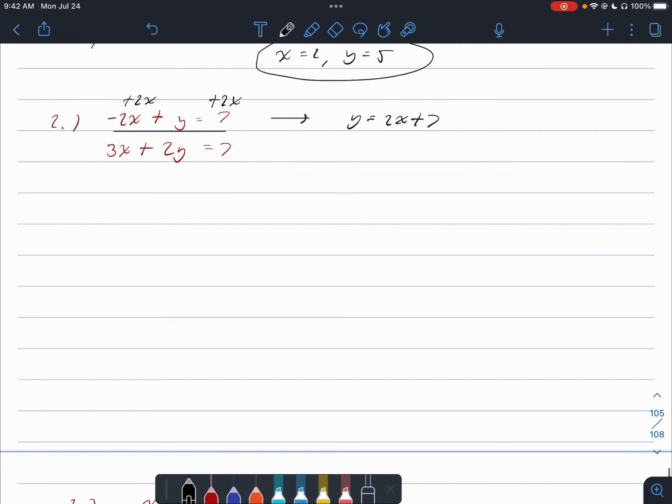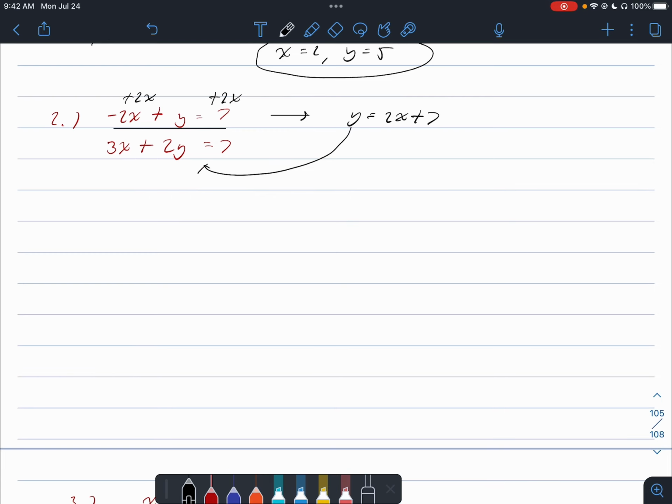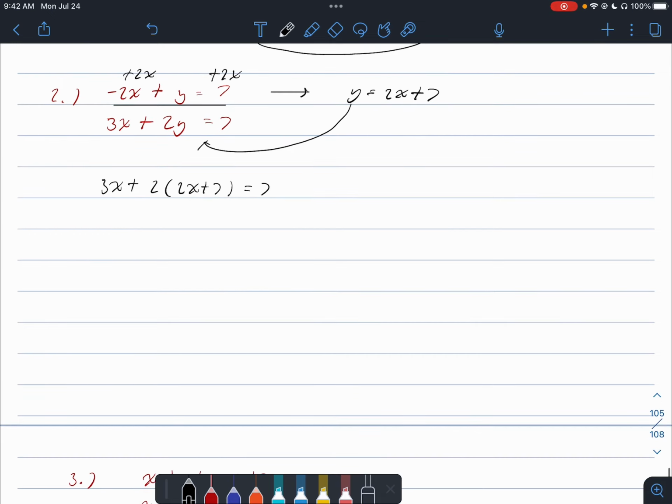So if we just rearrange this top equation by adding 2x to both sides, we'll get y equals 2x plus 7. Okay? And now we can substitute this y equals 2x plus 7 into this equation here. So this will become 3x plus 2 times 2x plus 7 is equal to 7.